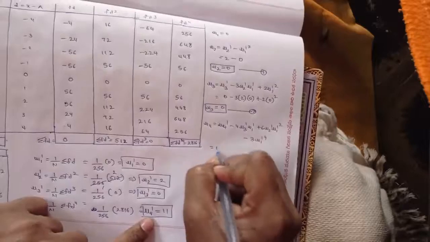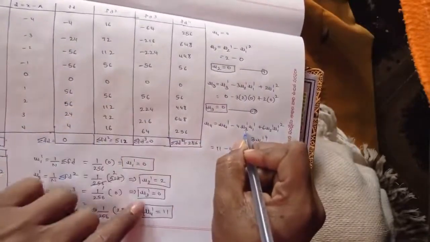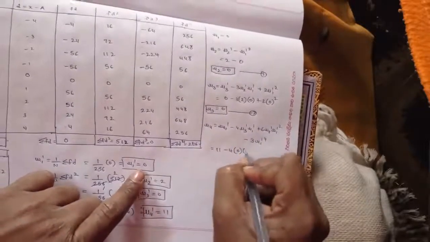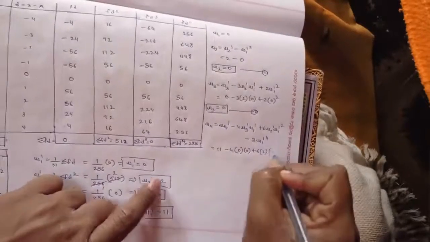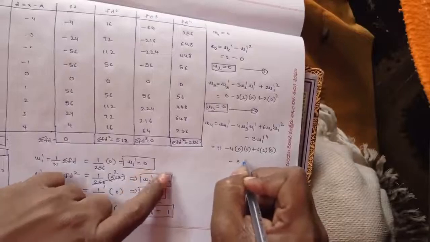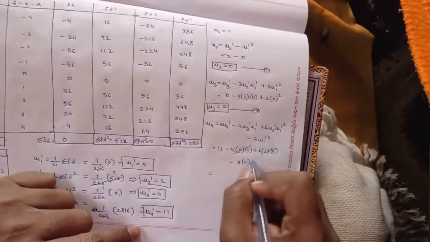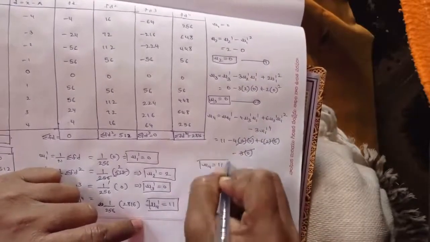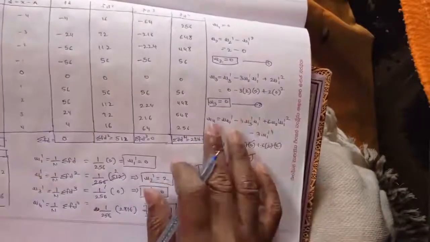Mu4 dash is 11. 11 minus 4 of mu3 dash, which is 0, mu1 dash is 0, plus 6 of mu2 dash, 6 of 2, mu1 dash square is 0, minus 3 of mu1 dash power 4, which is 0. So this will be 0, this will be 0 and this will be 0. So we will be getting mu4 as 11. So we have found all the moments.